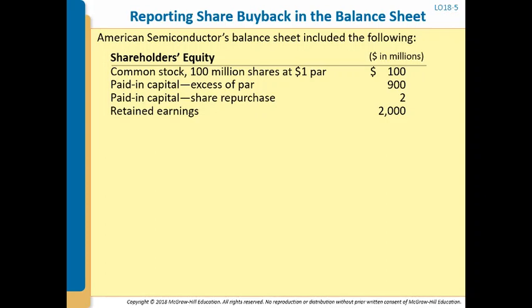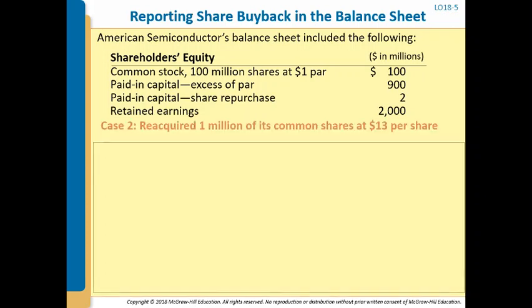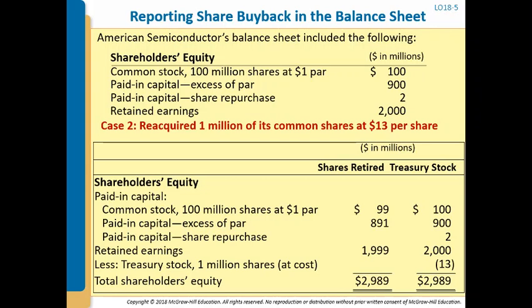Now, how do you report the share buyback in the balance sheet? Again, it depends on whether it's a retirement or treasury stock. If they're retired, well, you saw what happens, and here we're reacquiring the 1 million shares at 13. So that's case 2.